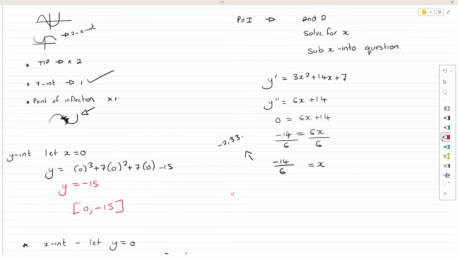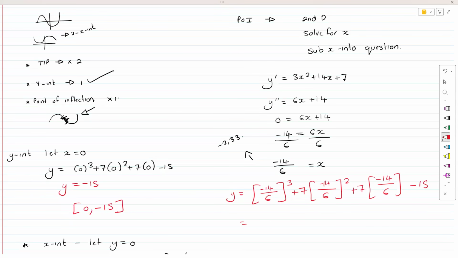Last step, substitute this answer into the question. That's minus 14 over 6 cubed plus 7 into minus 14 over 6 squared plus 7 into minus 14 over 6, minus 15.